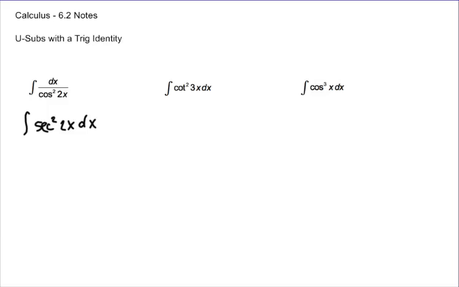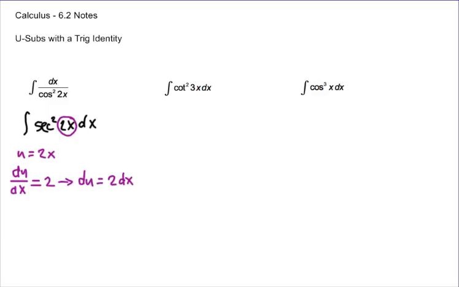Secant squared goes to the tangent. Well, how can I get it to just be secant squared of x? I'm going to let u equal 2x. And so du dx is going to be equal to 2, which means that du is equal to 2 dx.